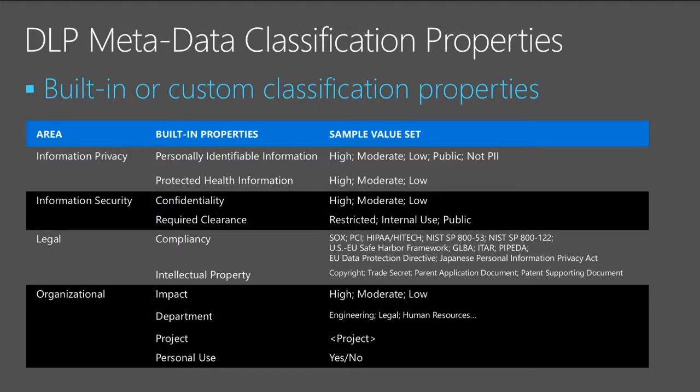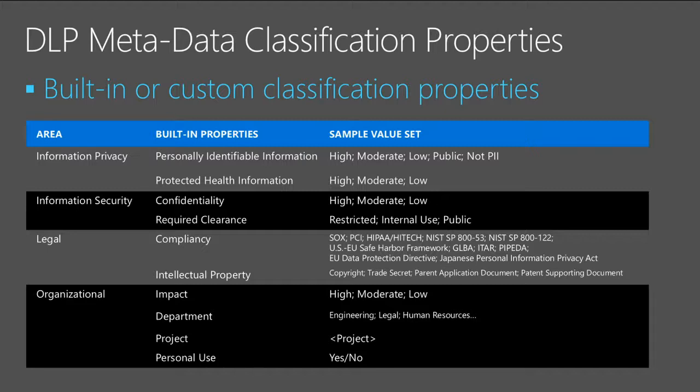So in terms of metadata properties, these are some of the built-in types that we support today, and these are actually aligned with both some of the industry regulations and standards, and also are complementary to what's supported out of the box in the Windows file server.